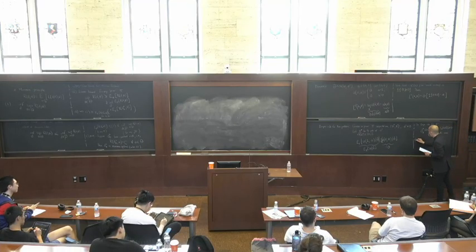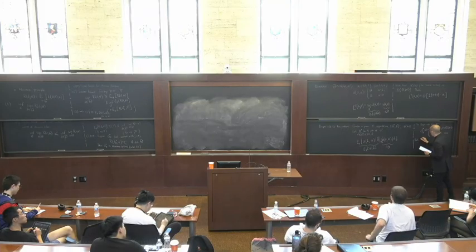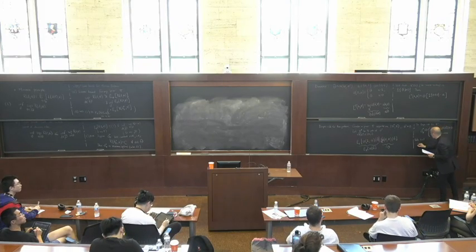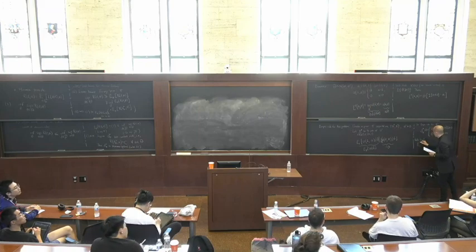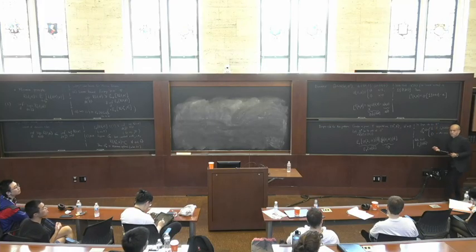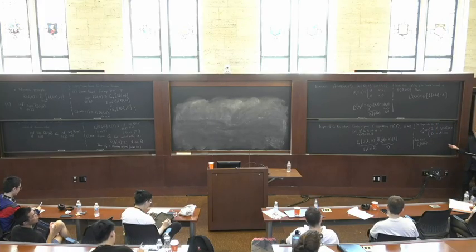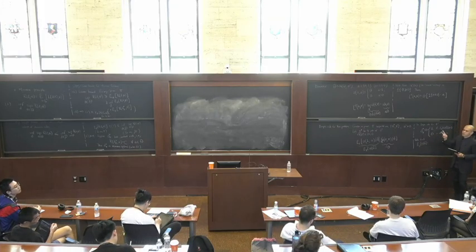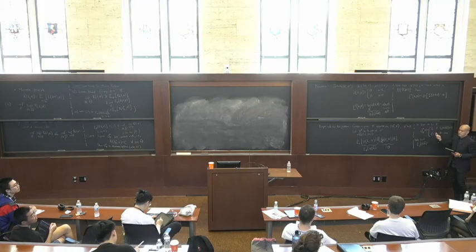Note that if I look at the posterior distribution, it's easy to compute because theta has two values under the prior, so under the posterior it has at most two values.